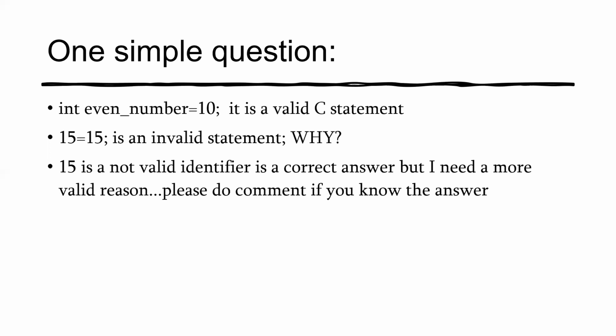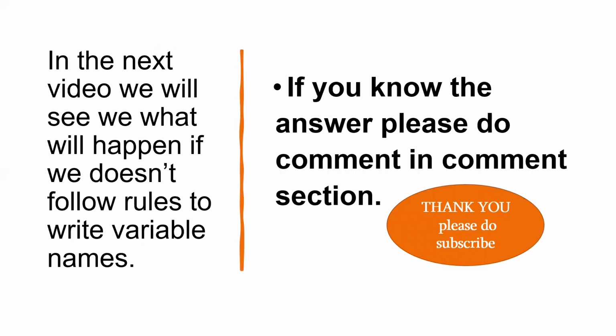If you know the answer, please do comment in the comment section. And also in the next video, we will see what will happen if we don't follow the rules of variable names, for example, what will happen if we write invalid variable names or invalid identifiers. If you know this answer too, please do comment in the comment section.